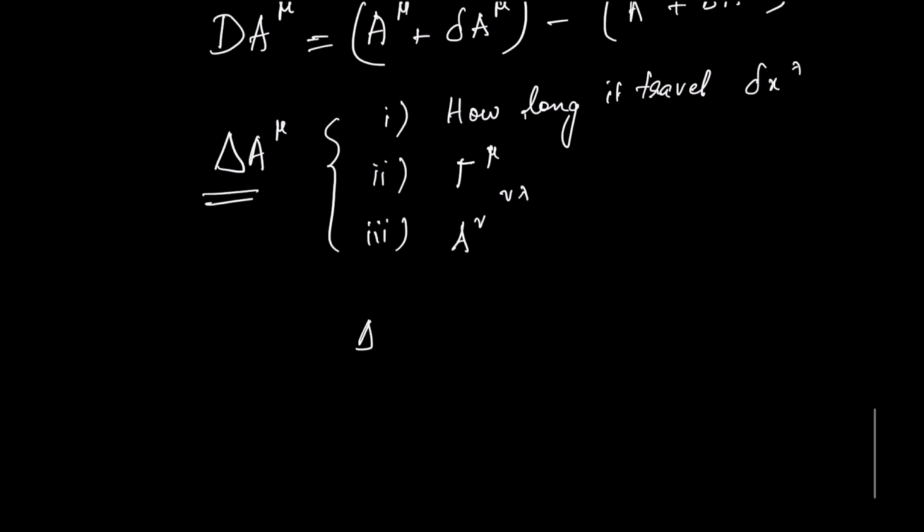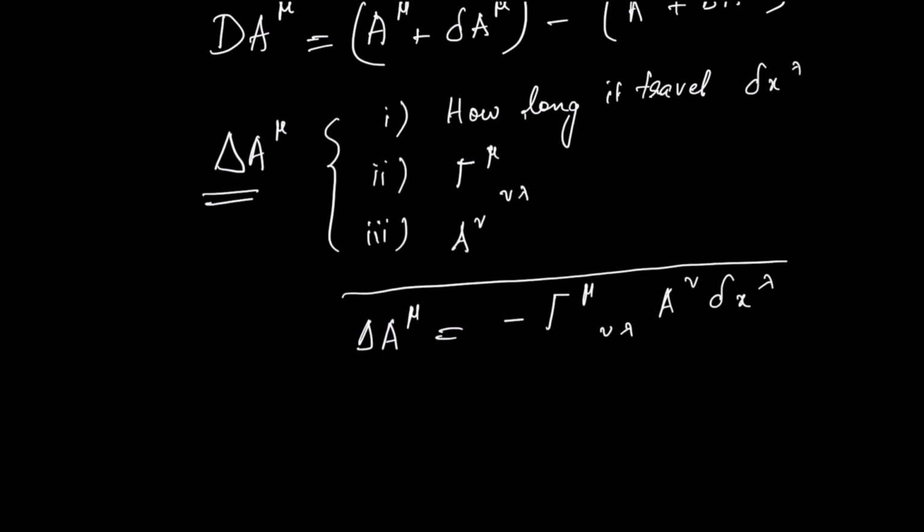So I can say that delta A mu, the change, can be minus Christoffel symbol mu nu lambda A nu delta x lambda. This minus sign is just a notation and does not represent anything special.